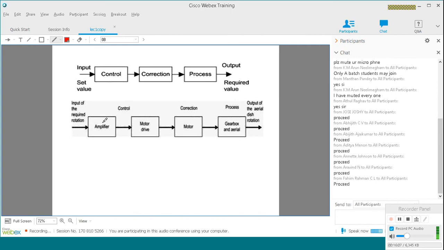Amplifier in the sense some mechanism where you are turning some knob or some steering, a mechanical mechanism. So that is the control element, and that gives a command to the motor drive. The motor is the correction element. Process is the gearbox and aerial dish.